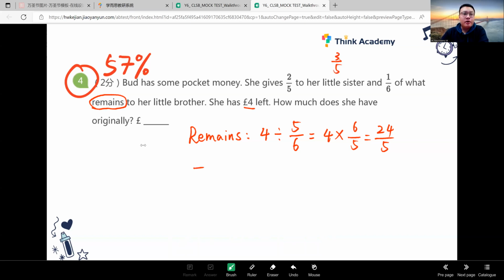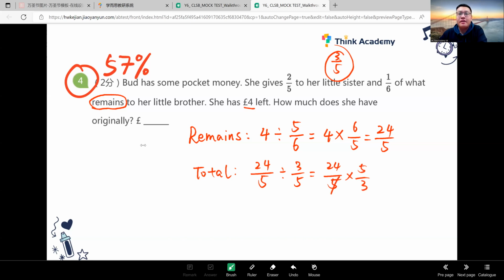So to get the original total, you have to use your remains, which is 24/5, divided by its corresponding fraction, which is 3/5. So you divide by this fraction, you times the reciprocal of it: 24/5 times 5/3. This one and this one will cancel out. 24 divided by 3, you got 8. So the final answer will be 8 pounds.